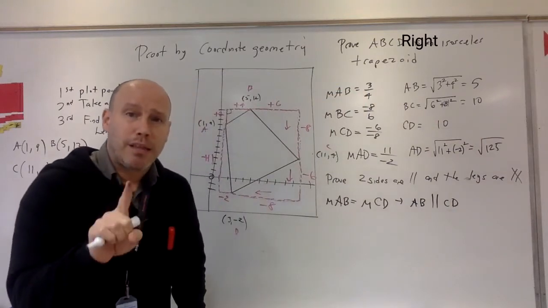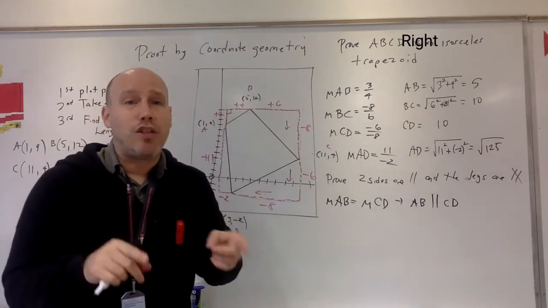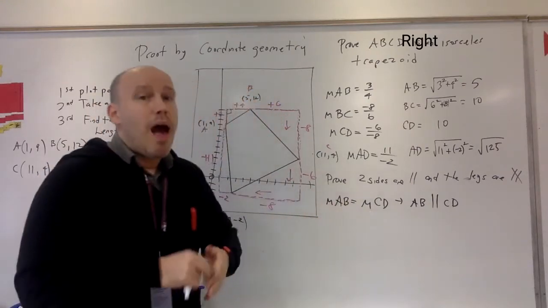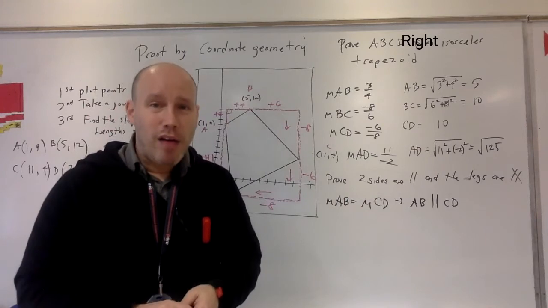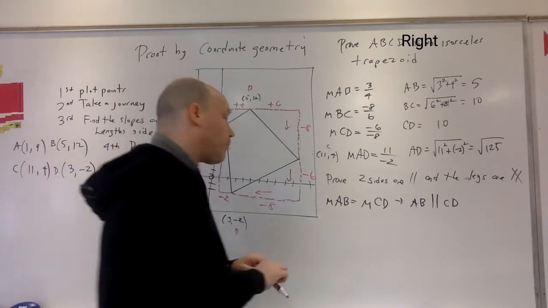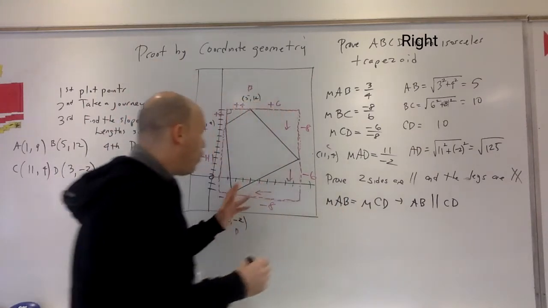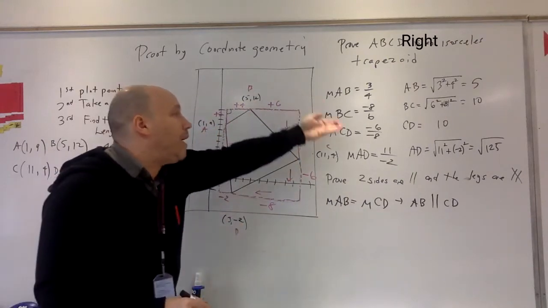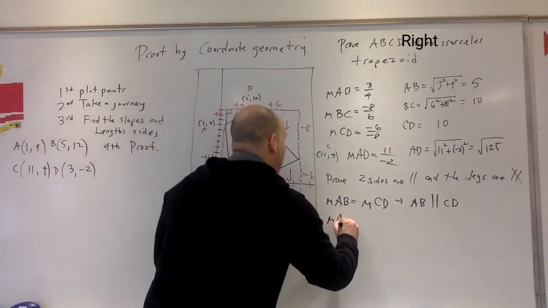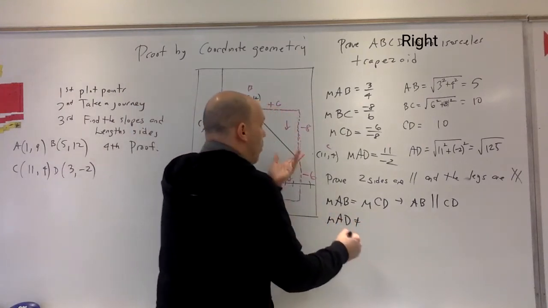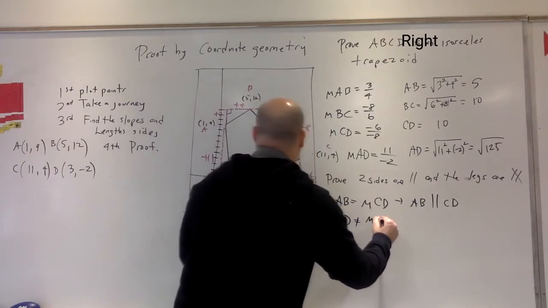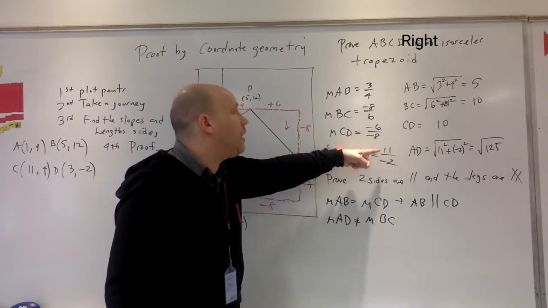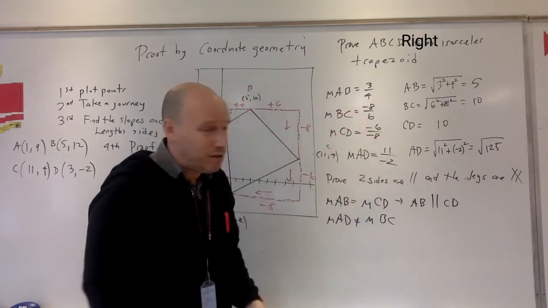Now, because it's a trapezoid, we have to show that the legs are not parallel. And so, once again, how do we show that two lines are parallel? If their slopes are equal. So I need to prove that the slope of AD is not equal to the slope of BC, and we can clearly see that. 11 over -2 is clearly not equal to -8 over 6.